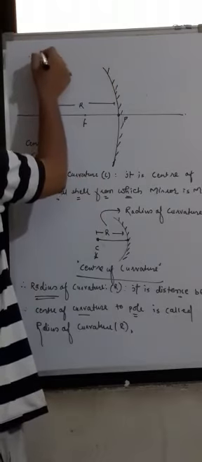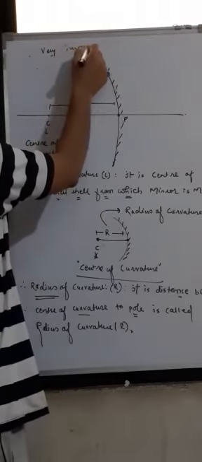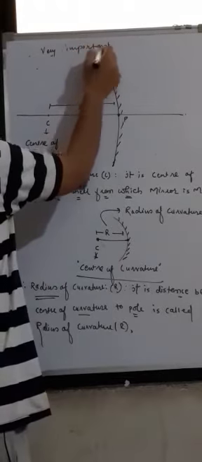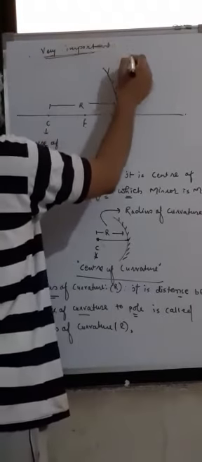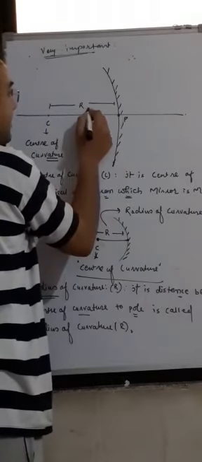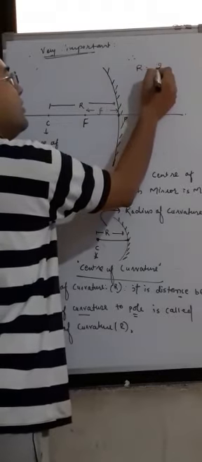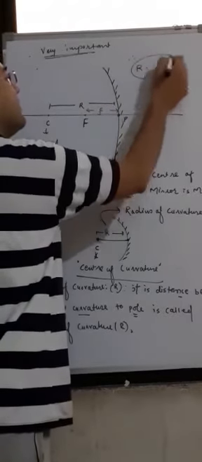One more very interesting and very important thing: always keep in your mind that with principal focus small f, R is equal to 2f.